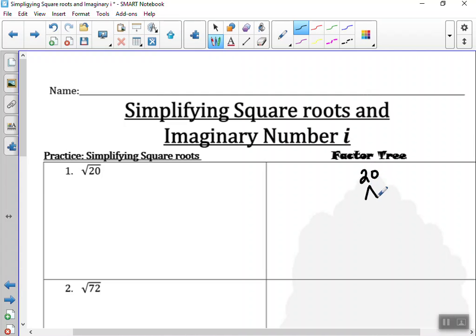And I'm going to look at factors of 20. What's 20? 5 and 4. Is 5 a prime number? 5 times 1. But since it's 5 times 1, I'd leave it at 5. What about 4? 2 and 2. And 2 is a prime number as well. So I'm going to rewrite this as 5 times 2 times 2.